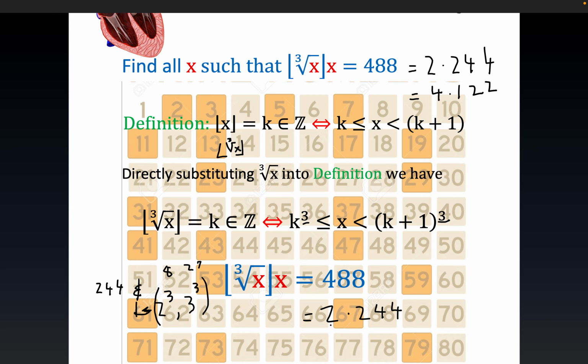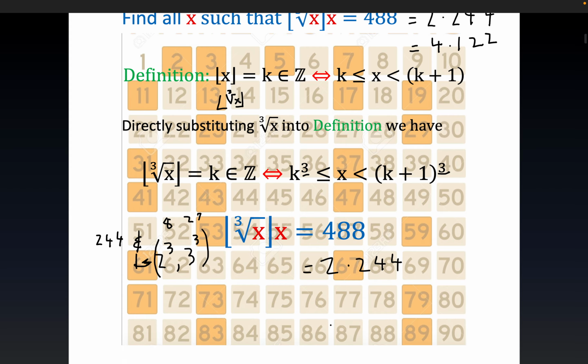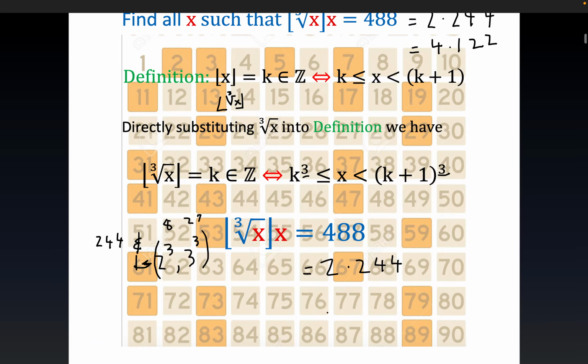Okay, so now let's look at the other factorization. We also have 4 times 122.